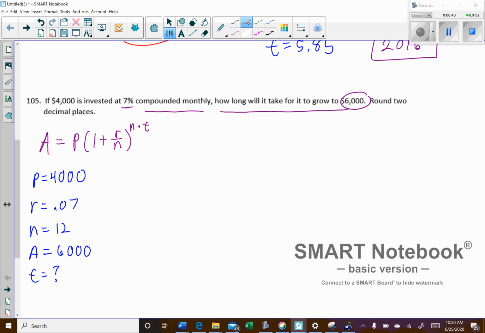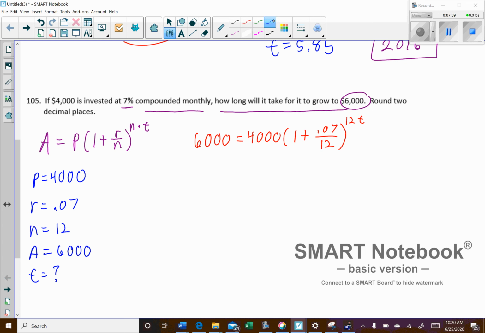So let's plug in our values. 6,000 for A, 4,000 for P, 1 plus 0.07 over 12 raised to the power of 12 times t.